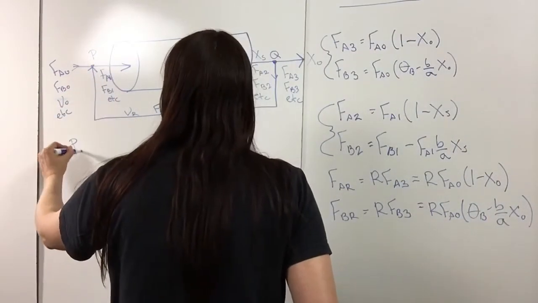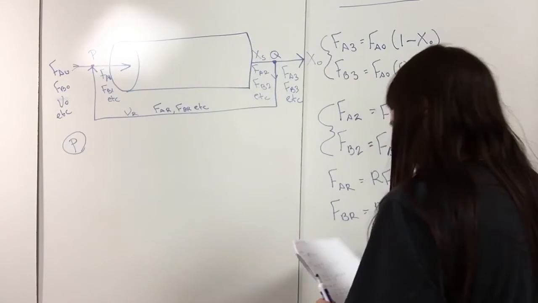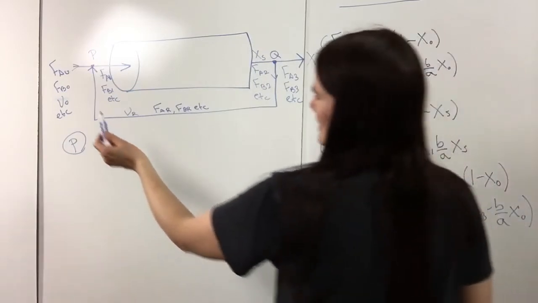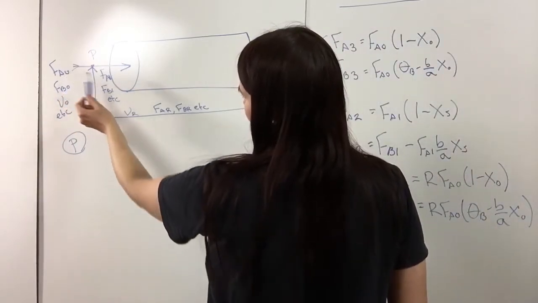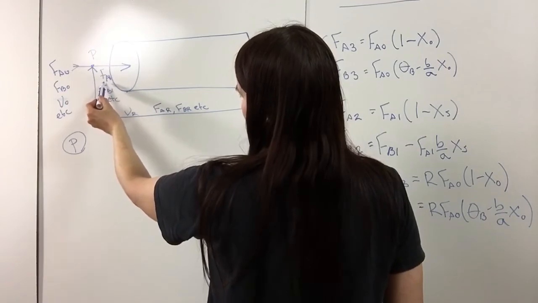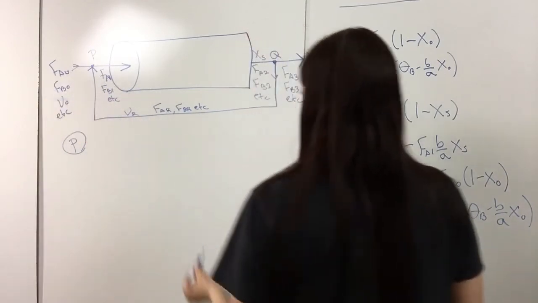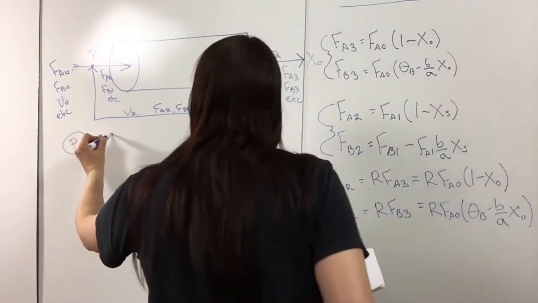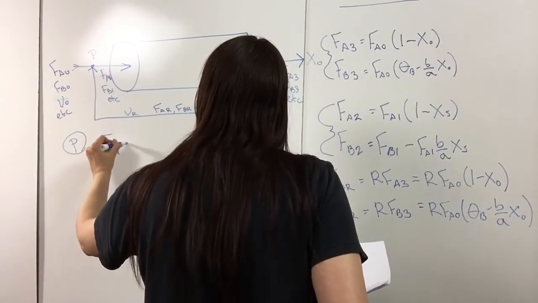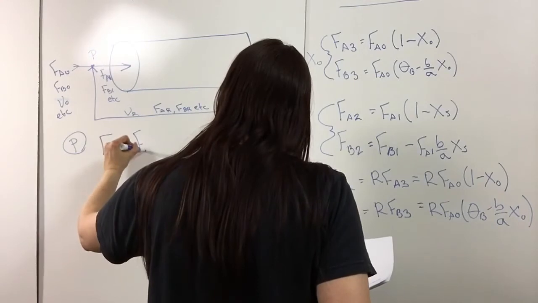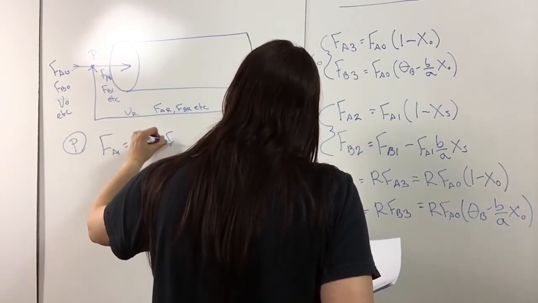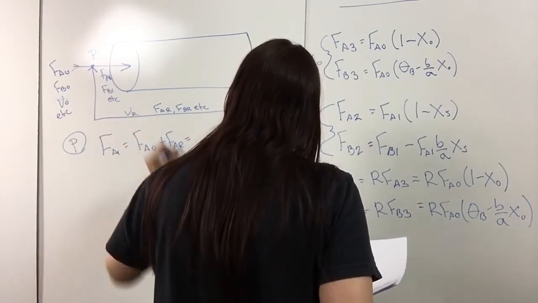So P, and we know that FA1 is equal to FA naught plus FAR. So I can write that. FA1 is equal to FA naught plus FAR.